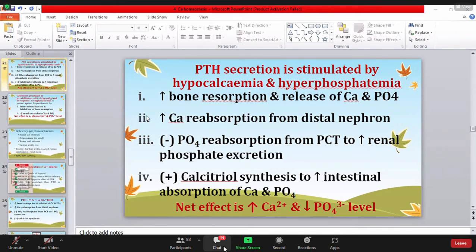It increases calcium reabsorption from the distal nephron. It inhibits phosphate reabsorption from the proximal convoluted tubule to increase renal phosphate excretion. And parathyroid hormone stimulates calcitriol synthesis to increase intestinal absorption of calcium and phosphate. So the ultimate effect of parathyroid hormone is increased calcium and decreased phosphate level in the blood.